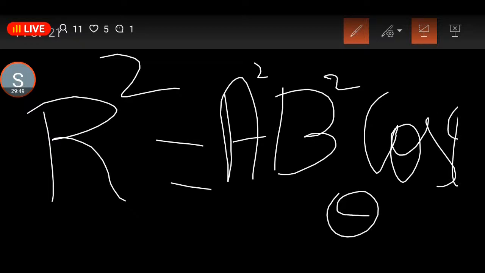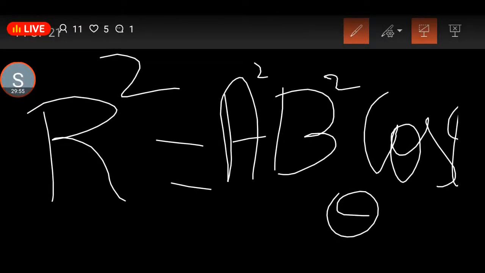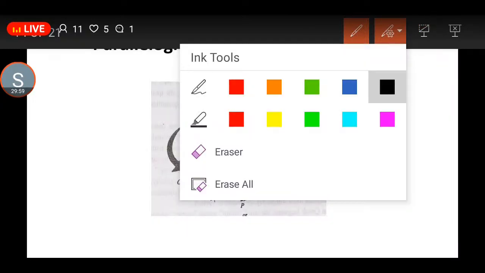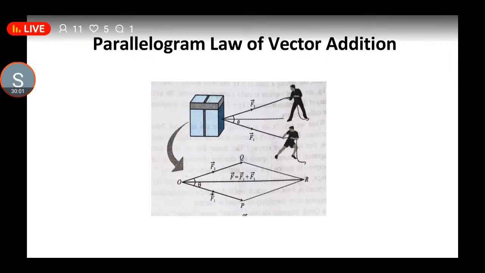This is what you will get using that equation. I'll say that to you in the next class.